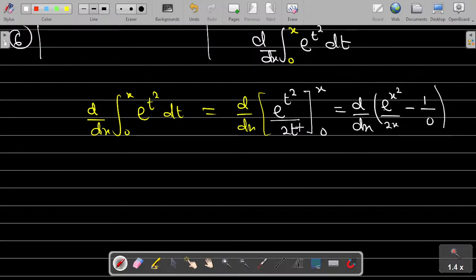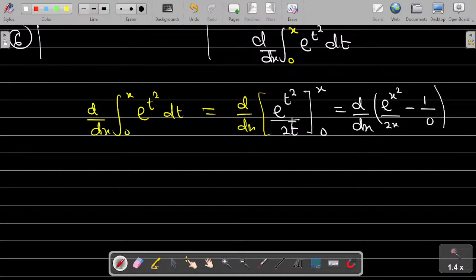This integral is correct. Yes, the integration of a function like e to the t squared is to bring it down the way it is and then divide by the derivative of the power, because when it is a differentiation, you bring it down that way and multiply by the derivative of the power here.